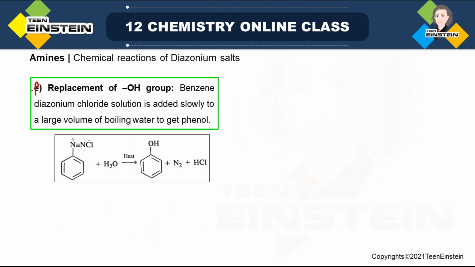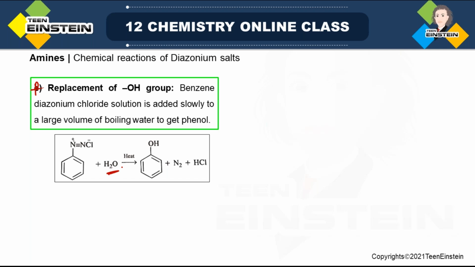It will be A. Replacement by HO group. Now in this case, you are simply heating with water. That's it. Remember, benzene diazonium chloride is soluble in water if you can maintain the temperature low. But if you are heating it, immediately there will be replacement of the N2+ group with OH.